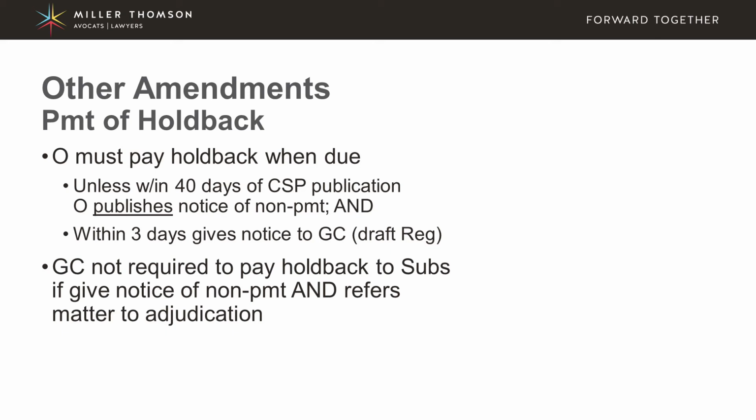The general contractor is then not required to pay holdback to the subs if they give a notice of non-payment and refer the matter to adjudication. But if the general contractor doesn't take that second step or take that step that is their requirement, then they are on the hook to pay the holdback to their subs, regardless of whether they've received it from the owner or not.